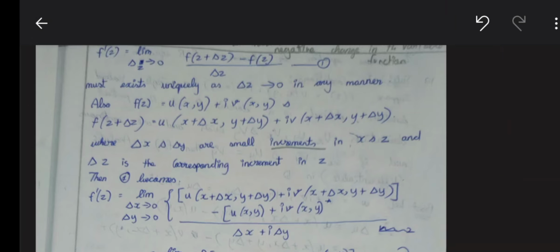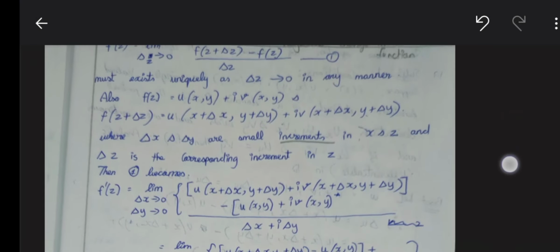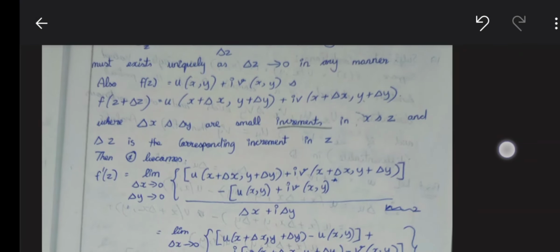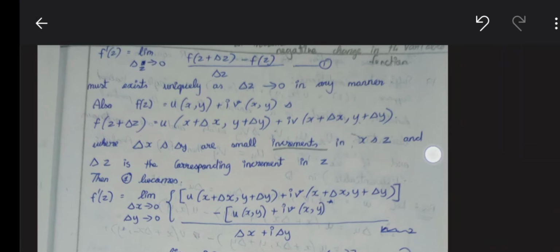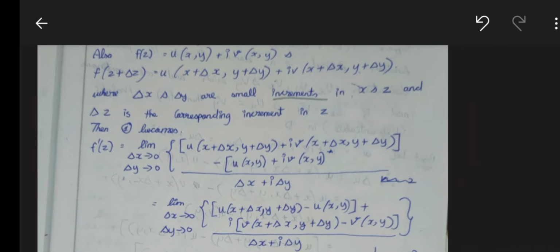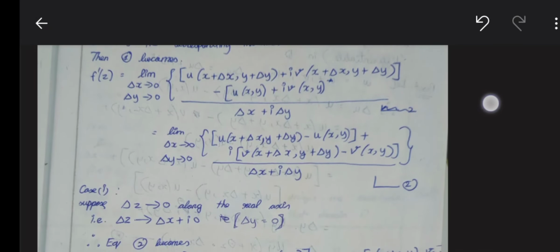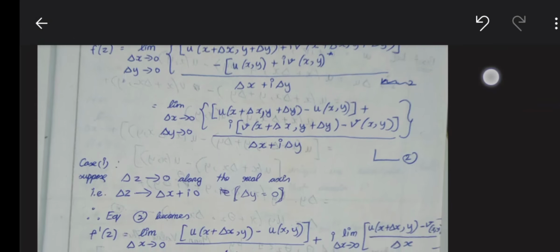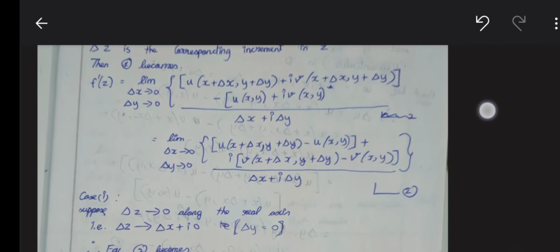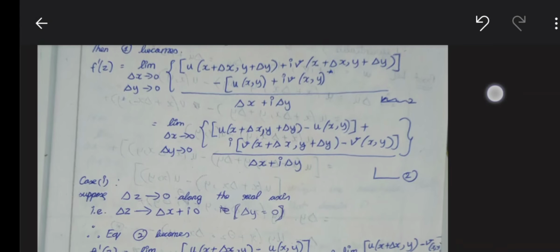We are just substituting the values which we have taken above. After substituting, it becomes like this. We are separating the real part and imaginary part, and naming it the second equation.